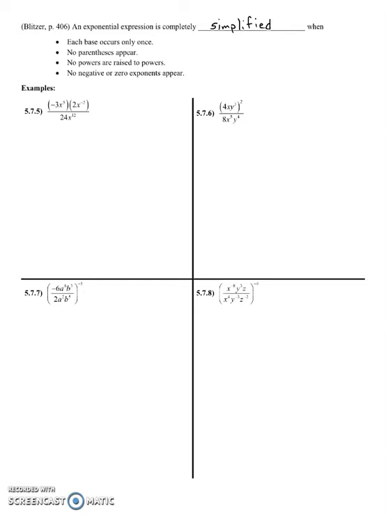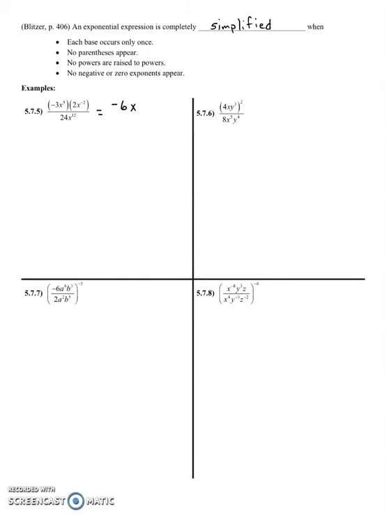So let's start with example 5.7.5 here. If we multiply in the numerator, we have a -3 times a 2, which gives us a -6. And then we have an x to the 5th times an x to the -2.